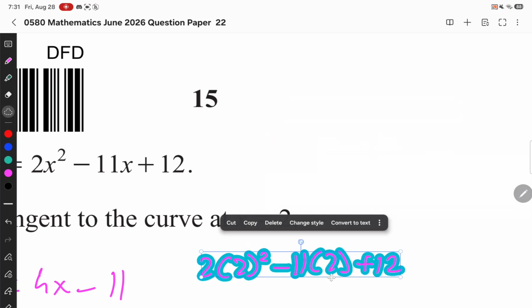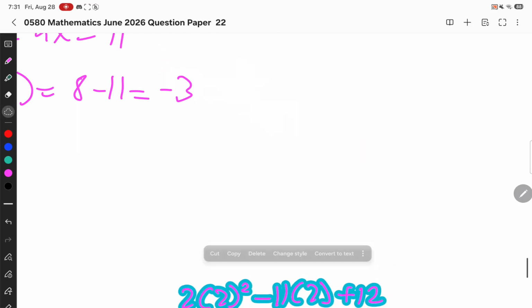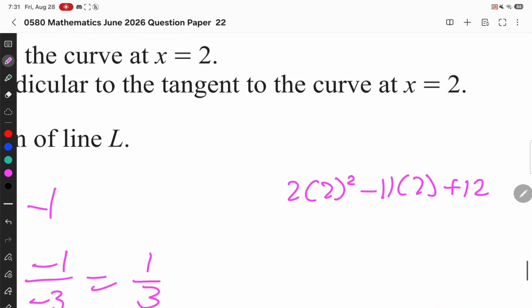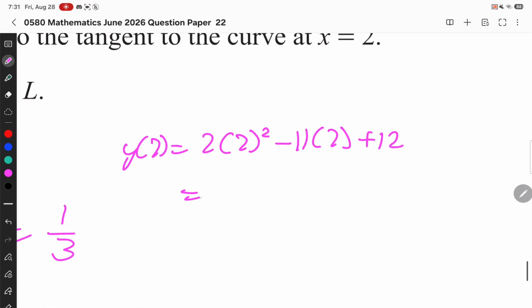Let's compute this down here. Y at 2. So this is 8 minus 22 plus 12. Minus 22 is equal to negative 2.